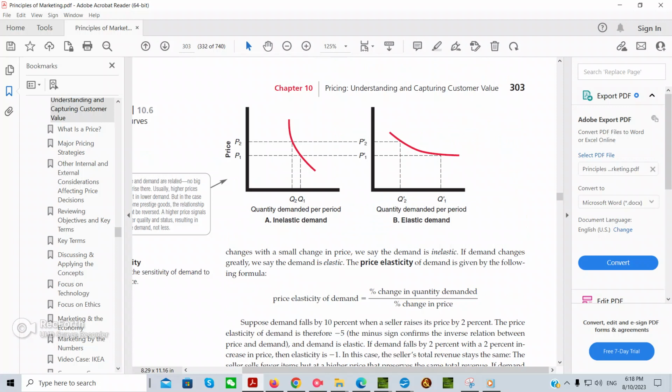Now, if demand hardly changes with a small change in price, we say demand is inelastic. Why? Because it doesn't change much.